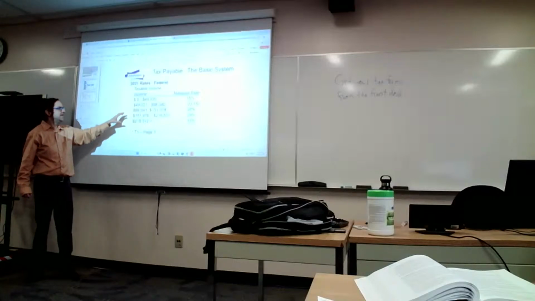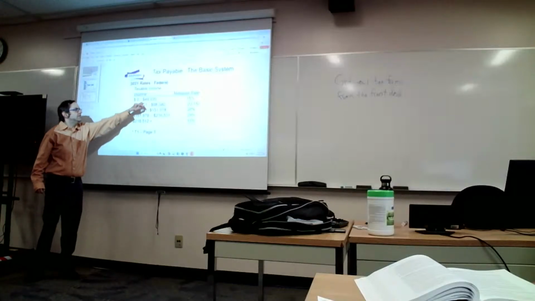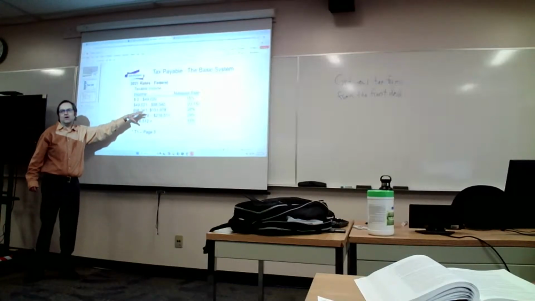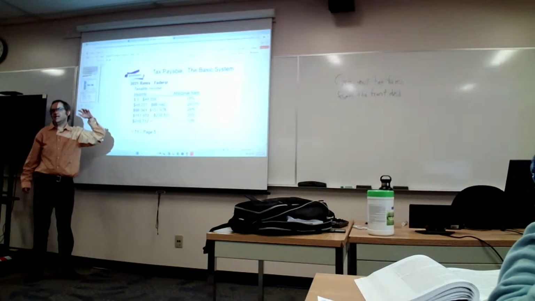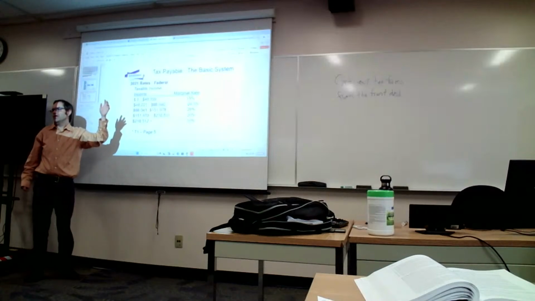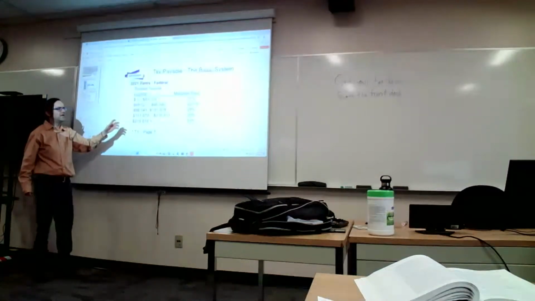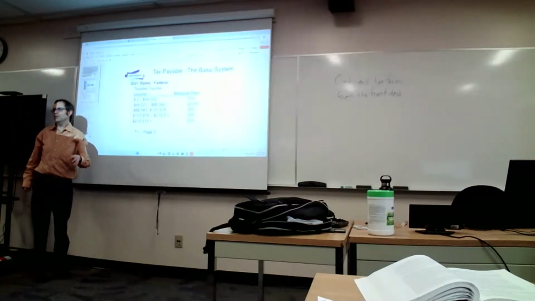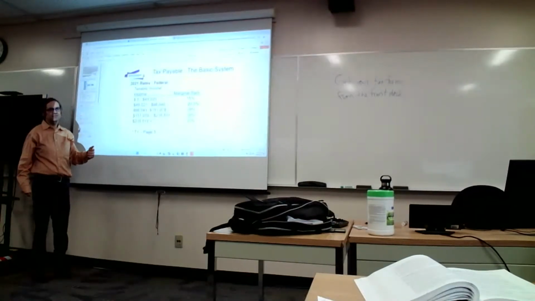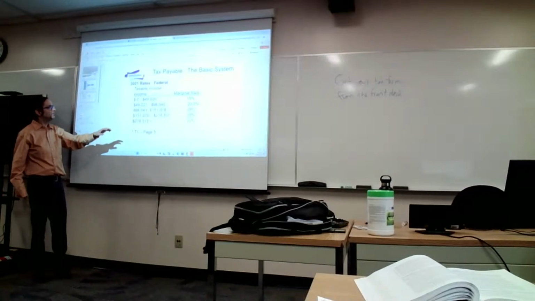The reason for that is these brackets here, they all increase marginally from year to year. And they increase at a quicker rate than your tax credits. Make sense? So that's why you see that your taxes owing will increase very marginally if you make the same amount year after year. Okay, that's just the way it is.